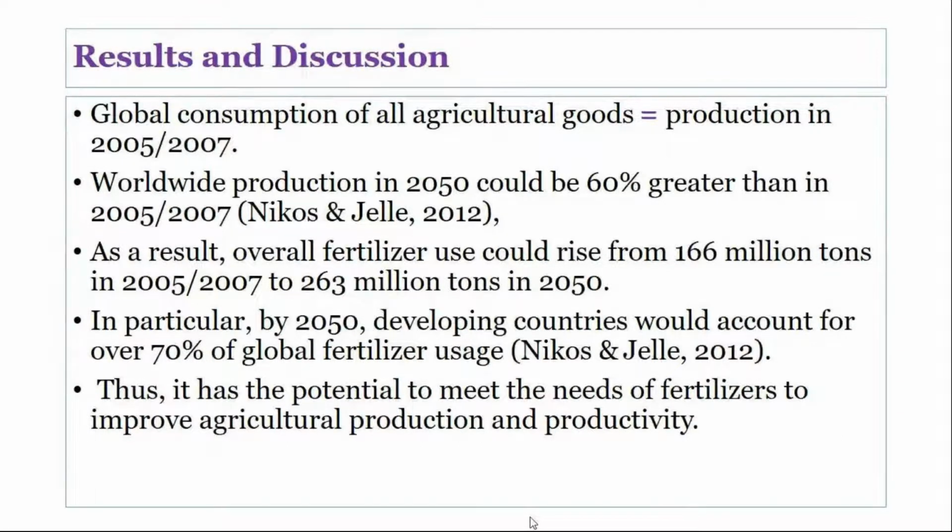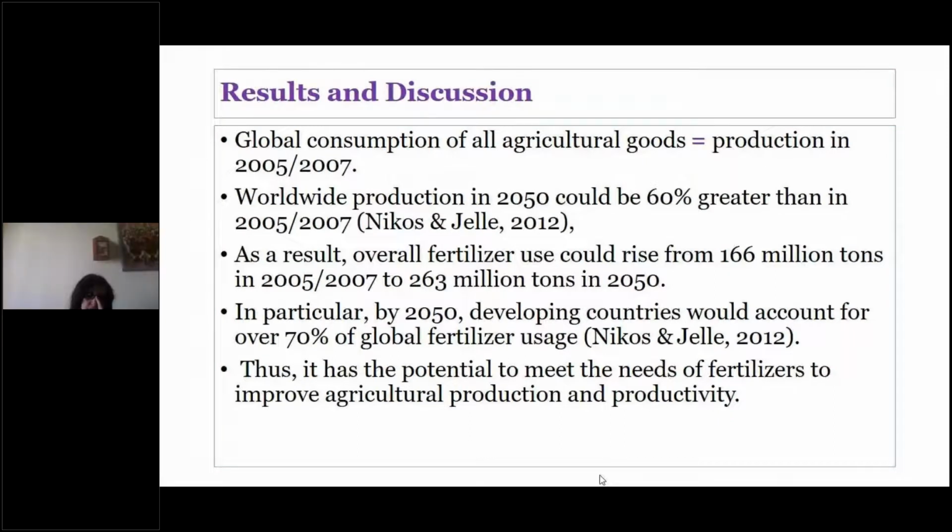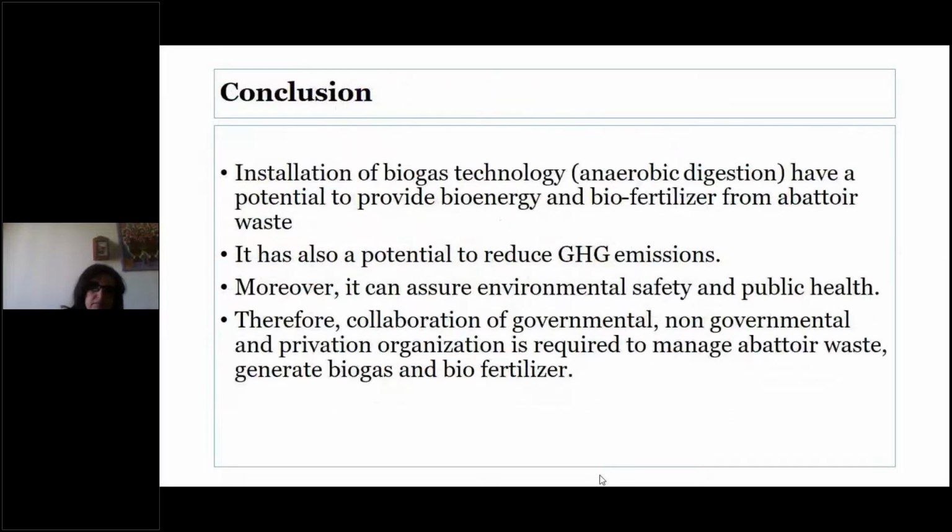As a result, overall fertilizer use could rise from 166 million to 263 million in 2050. In particular, 70% of global fertilizer is expected to be used by developing countries in order to feed their people. Thus, it has a potential to meet the needs of fertilizer to improve agricultural production and productivity.